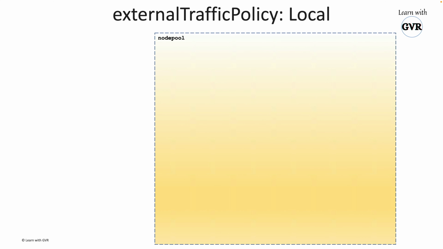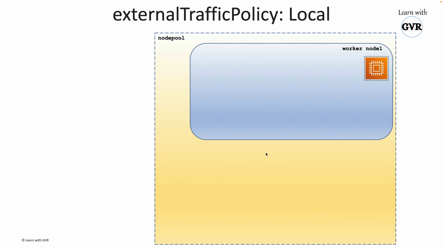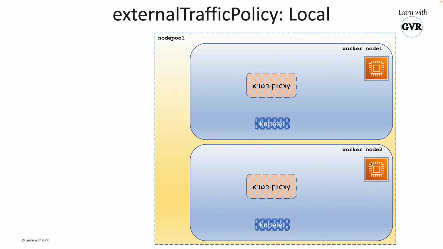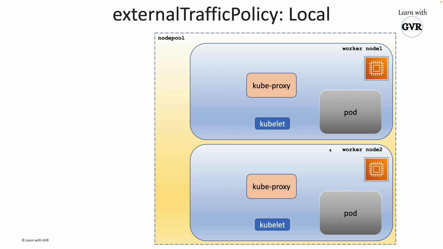So when you specify local, what happens, right? This is a node pool, this is node 1, worker node 2, something like, let's consider the EKS case, and this is an EC2 worker node, right? And we know that every worker node will have a proxy and kubelet, right? Now there are pods running, just simple standalone pods. Just consider it as an nginx pod, right?